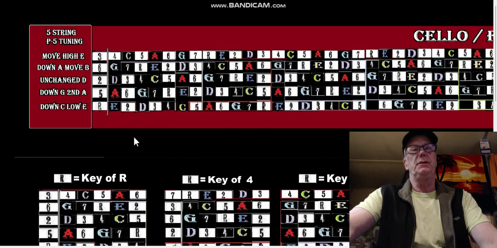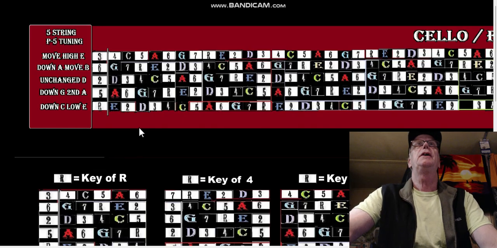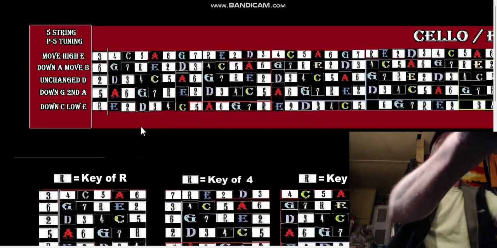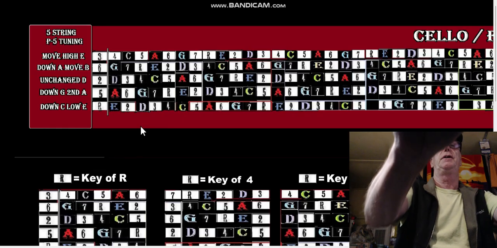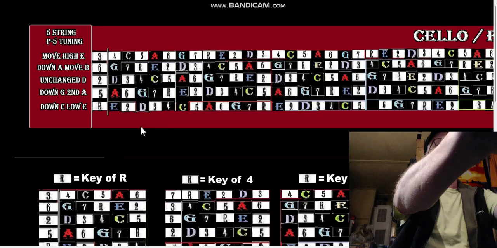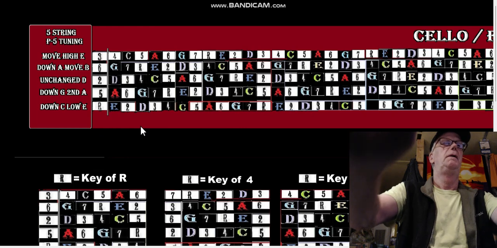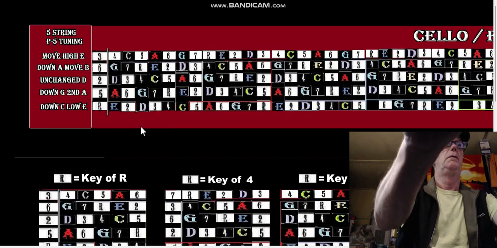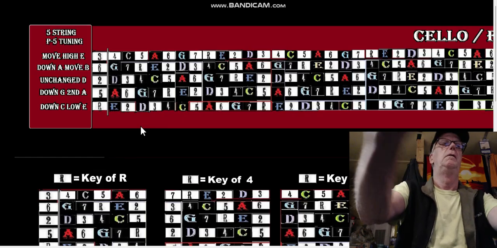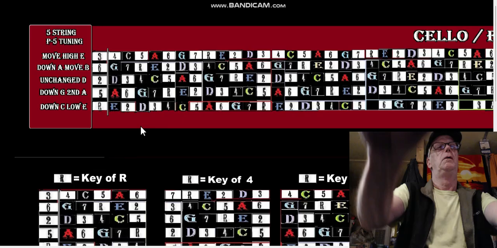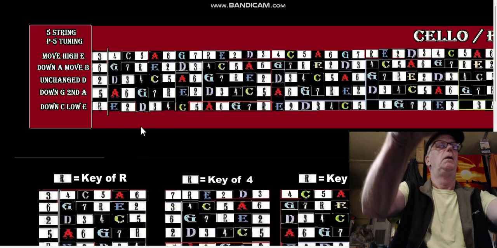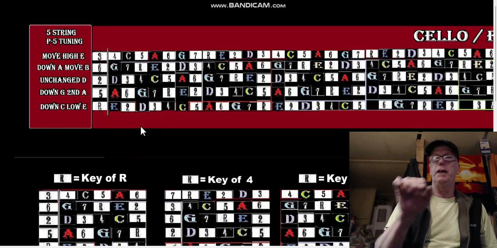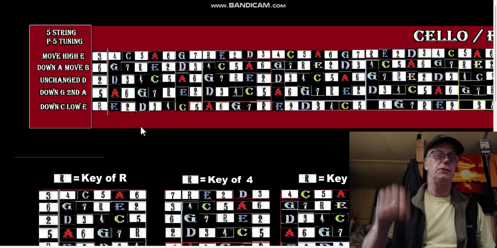Well, first thing we have to do is be able to play the scales, okay? And as you know, like on piano, scales are just scales. But scales are scales when you start doing little melodies within that scale.